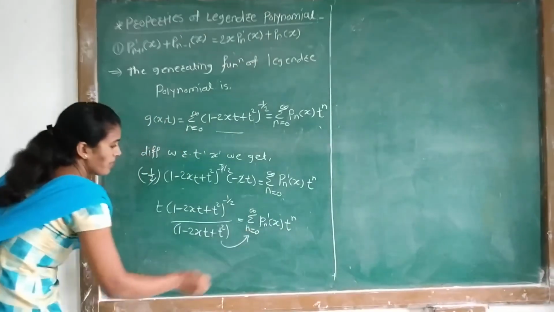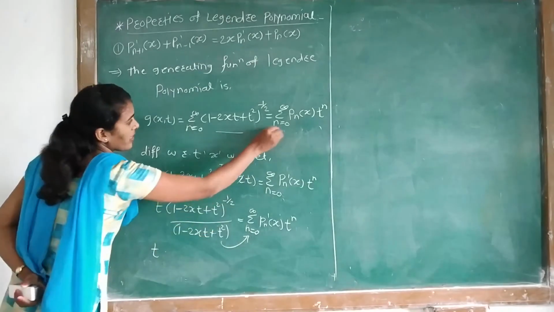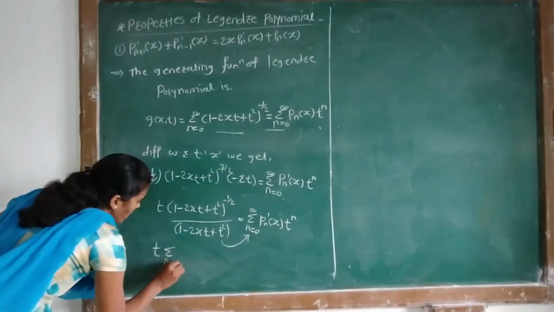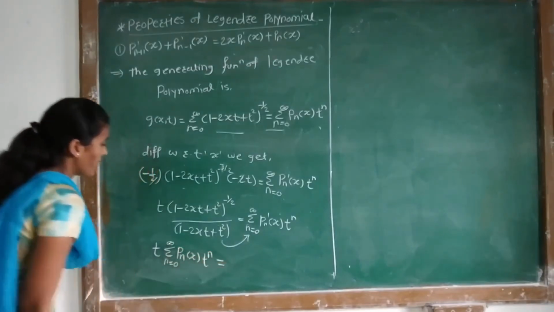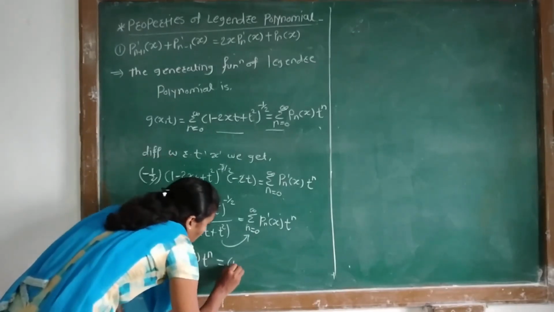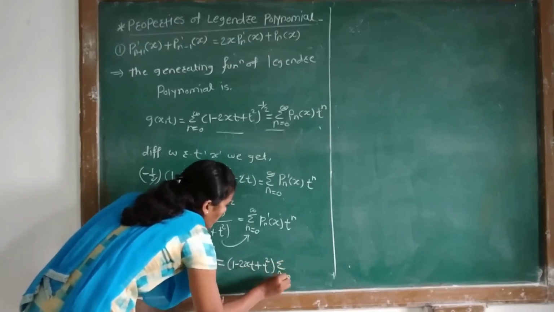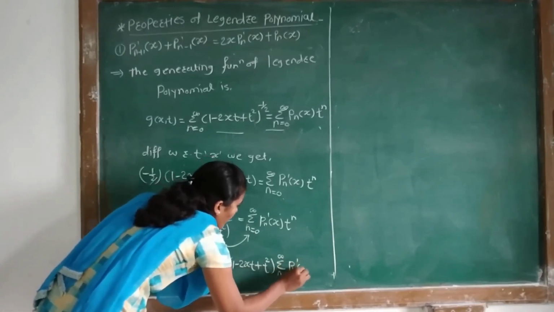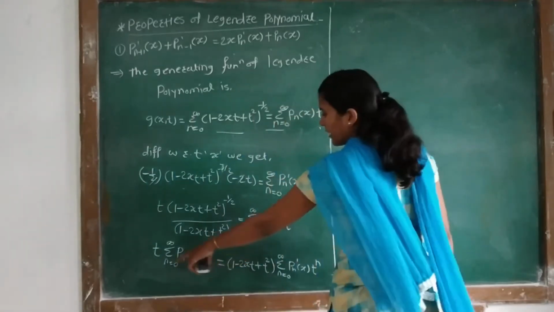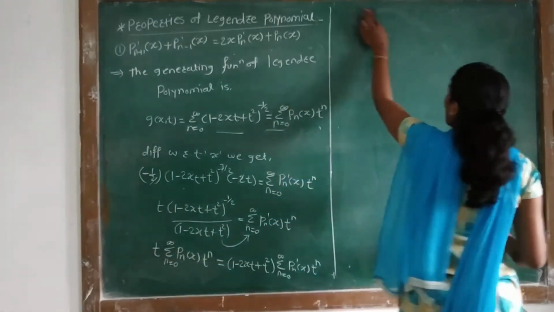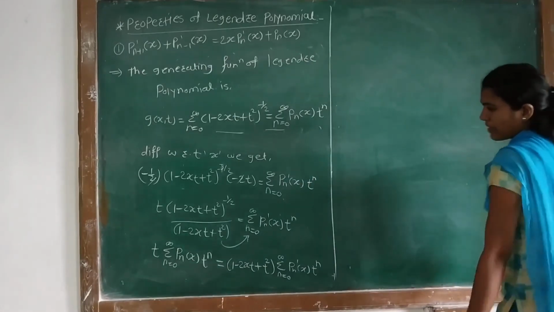Now take this term to the other side. This t into 1 minus 2xt plus t square raised to minus 1 half is the generating function, summation over n equal to 0 to infinity Pn of x t raised to n, equal to 1 minus 2xt plus t square into summation over n equal to 0 to infinity Pn dash of x t raised to n. Now multiply t raised to 1 and t raised to n, which is t raised to n plus 1.